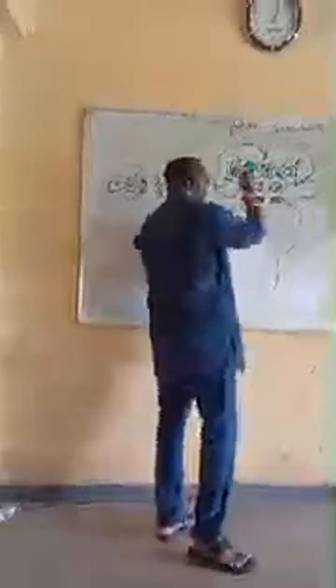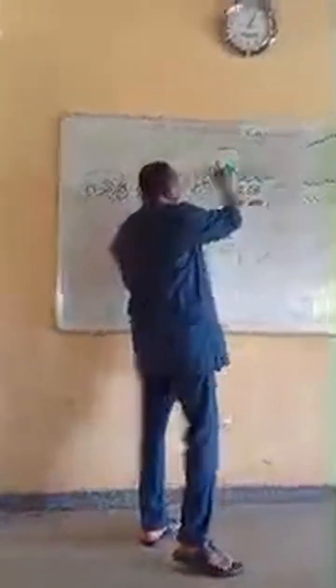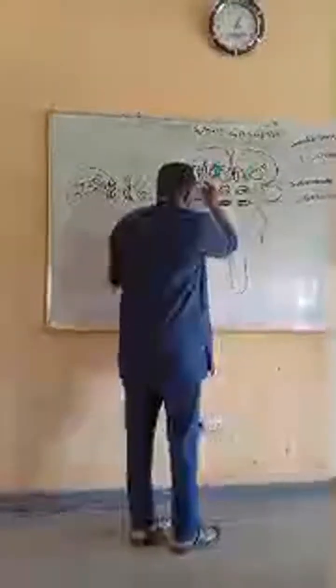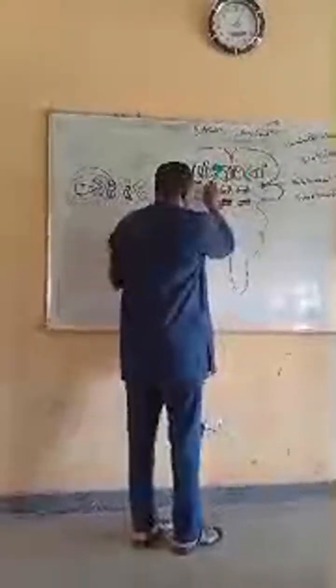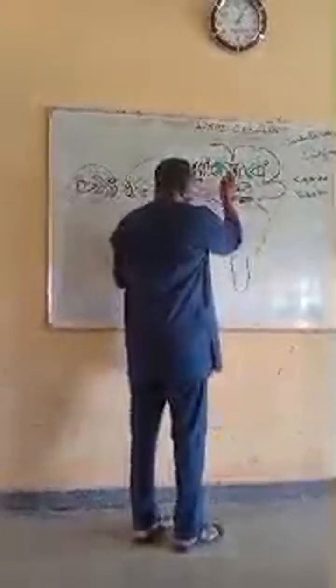And then when you go further, you have another one called the extreme capsule. So this is the claustrum. This is the extreme capsule. This is the external capsule. This is the lentiform nucleus. This is the internal capsule. This is the thalamus. Do you understand? Yes, sir. You get it?